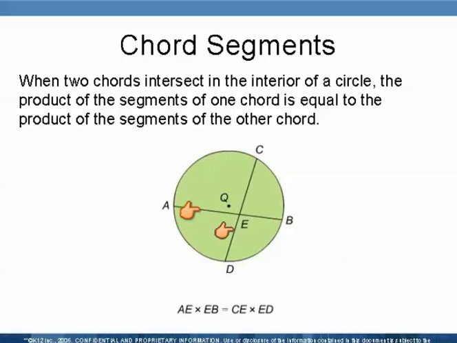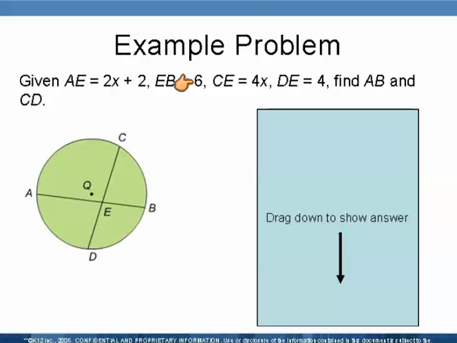This AE would be one chord segment, EB would be another chord segment, DE would be a chord segment, and EC would be another chord segment. And the theorem states that if we multiply on one line the chord segments together, they're going to be equal to the other chord multiplied together. It's an interesting theorem. So let's look at it and see what happens.